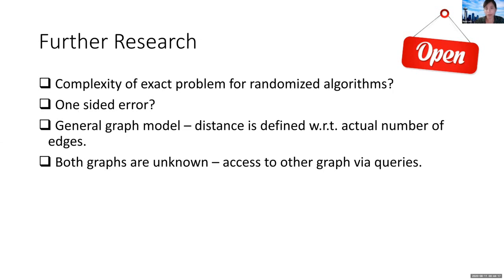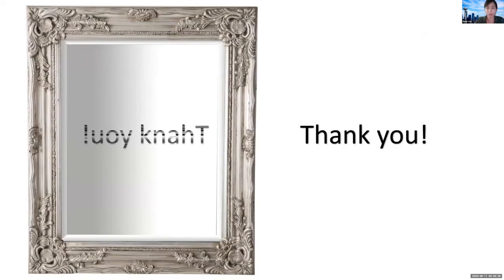Can we obtain algorithms for general graphs and not just for graphs that are dense or sparse? And what about considering other models? For example, a model in which the known graph is actually not known and we can access these graphs via queries. Thank you for listening and for your attention.